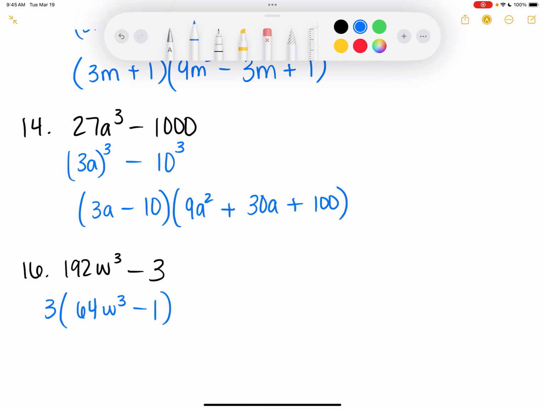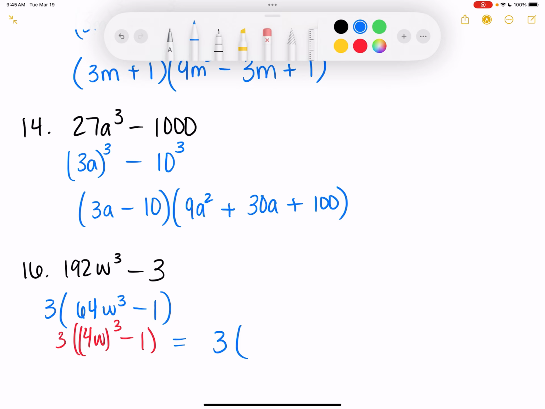What cubed is 64? 4. So this is going to be 4w cubed minus 1, and then times the 3. So when I go to do this, I'm going to write the 3 out front so that I don't forget about it, and then I'm just going to disregard it and do my difference of cubes.